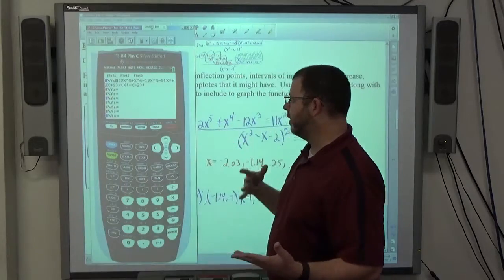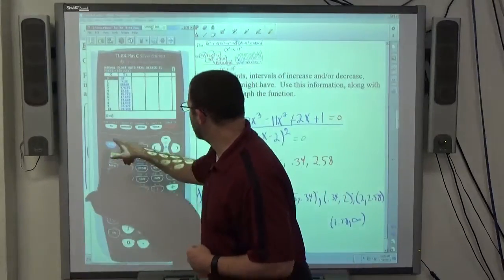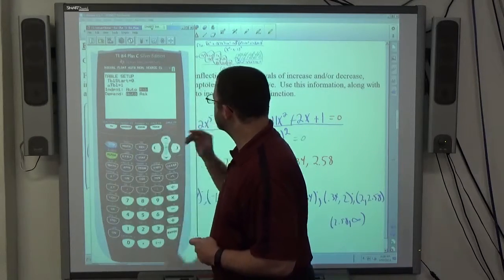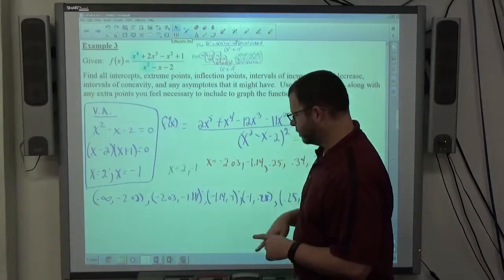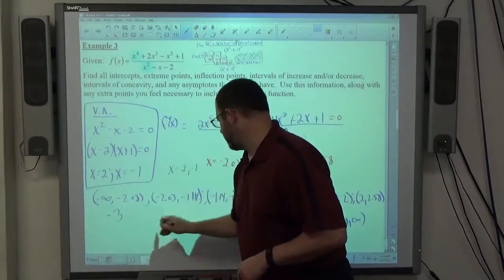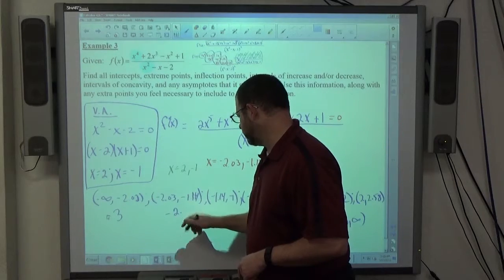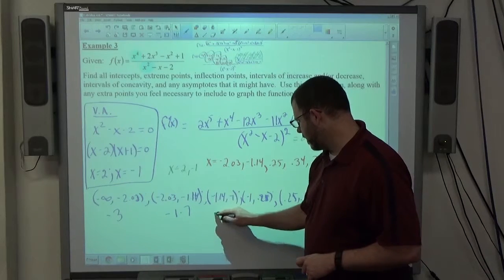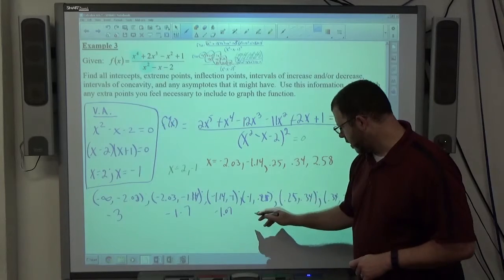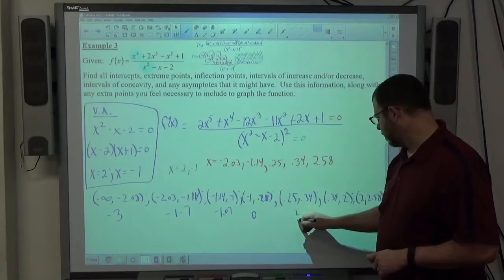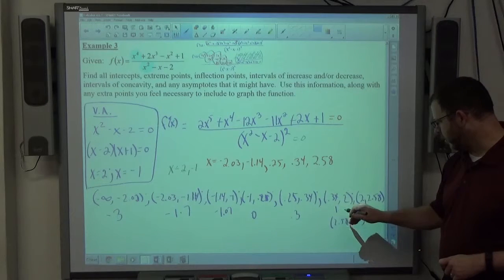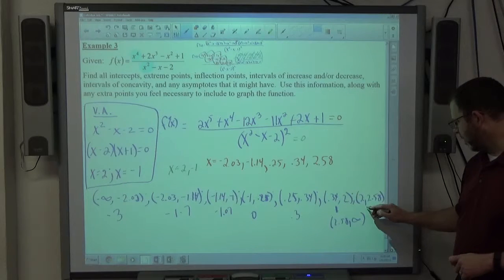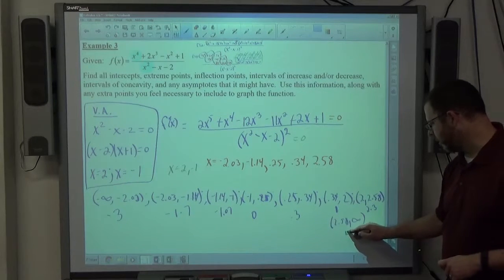I can go to my table then and pick numbers on the interval. Okay, so, hold on a second, table set up. Alright, so I would pick negative 3, negative 1.7, maybe negative 1.07, let's go with 0, and let's go with 0.3, 1 is fine, 2.3, and let's go with 3 here.